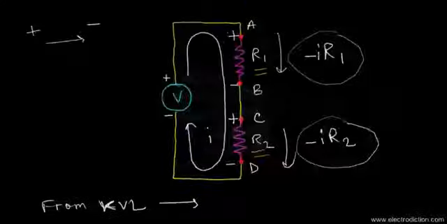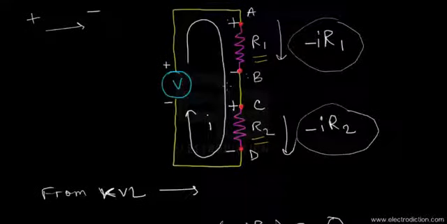Now notice that the current flowing through both R1 and R2 would be the same, because both R1 and R2 are connected in series across the voltage source V. Whenever we have a series connection, we'll notice the voltage divider rule being used to determine the voltage drops across the individual resistors, or rather the individual circuit elements connected across the common voltage source. Whenever they're in series, the current through both of them would be the same, since the current has got no other path to flow through.